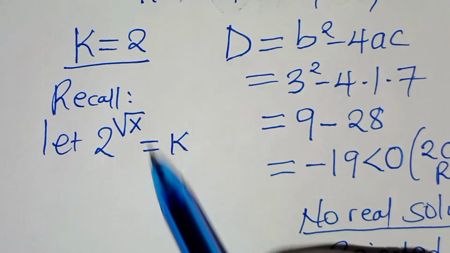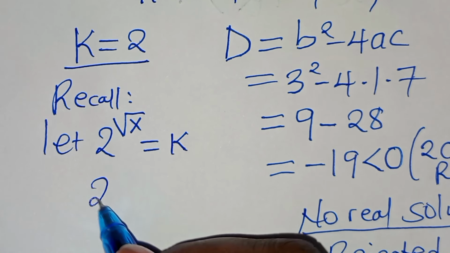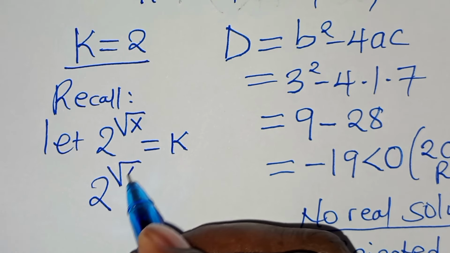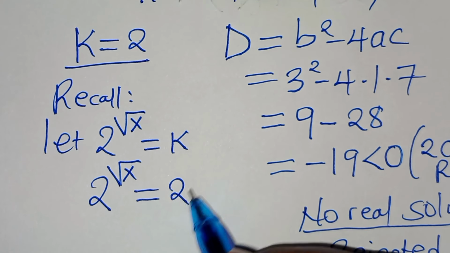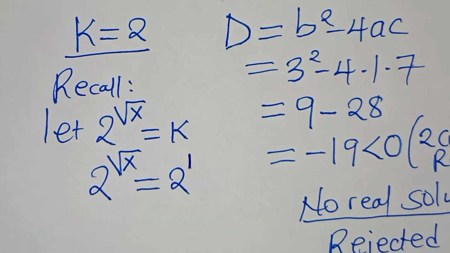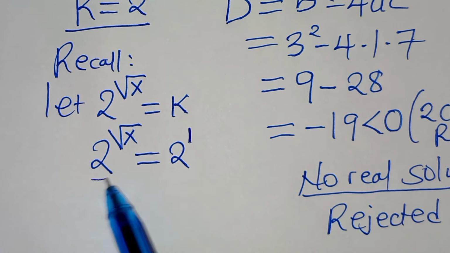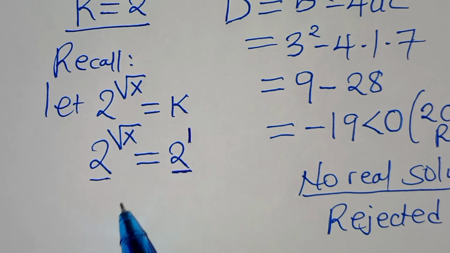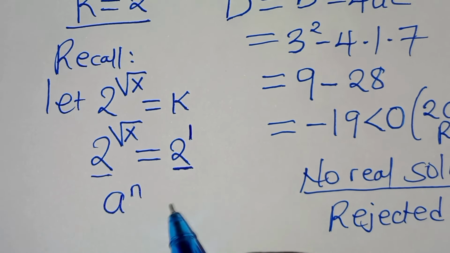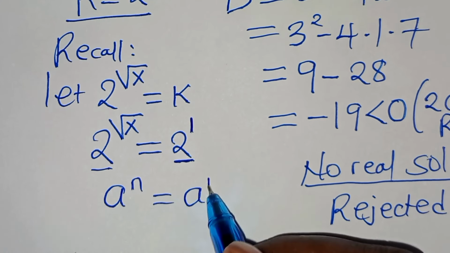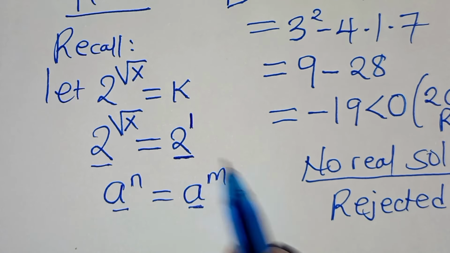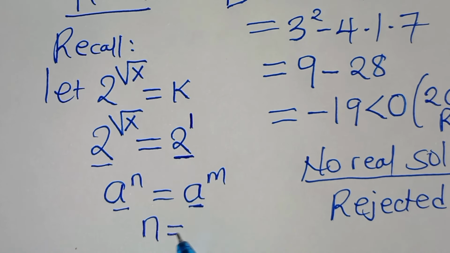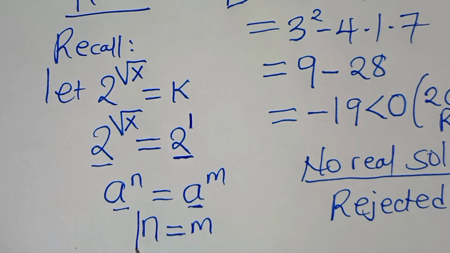We have the value of k equal to 2, so this means we have 2 to the power of square root of x equal to 2. And remember, 2 is 2 raised to the power of 1. Given that the bases are common here, that is a to the power of n equal to a to the power of m, since the bases are common, exponent n is equal to m.